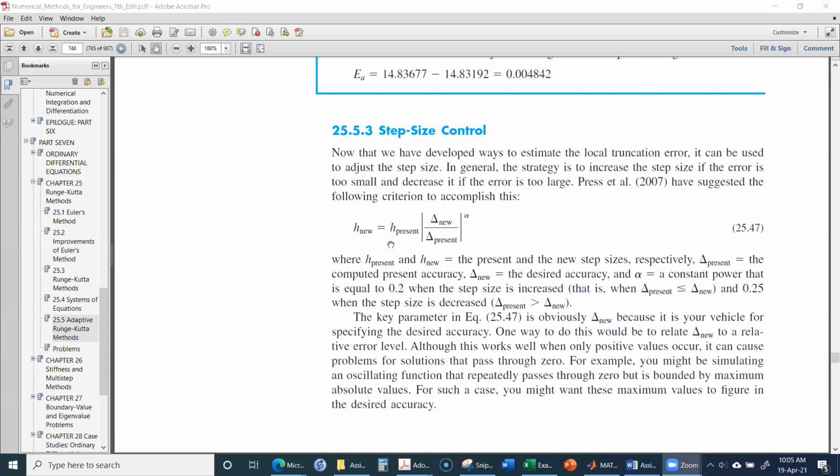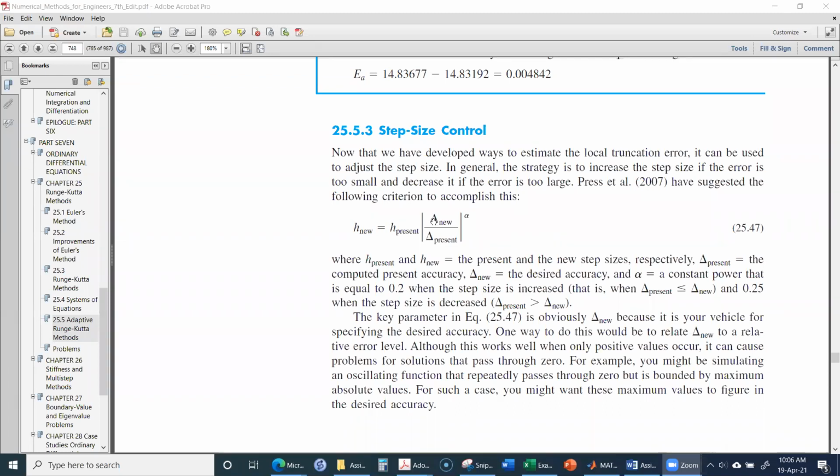This formula works on the concept that the step size would be increased if our current error is less than the error which we want to have in the function.